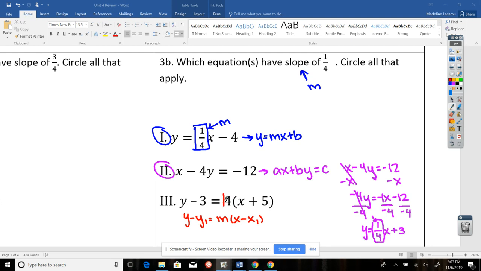So if we look right here, since the 4 is right in front of our parentheses, the 4 has to be the slope. And since 4 is not what we wanted our slope to be, we wanted it to be 1/4, we cannot include 3 in our answer. So our answer for this problem is 1 and 2.